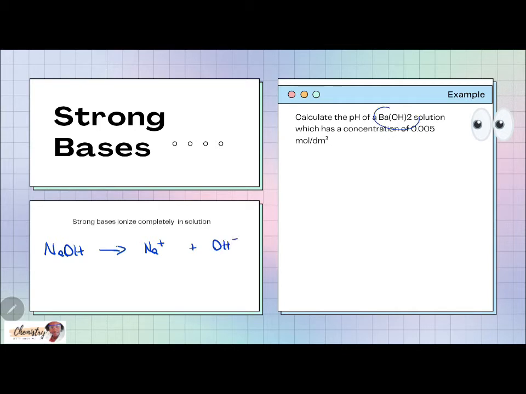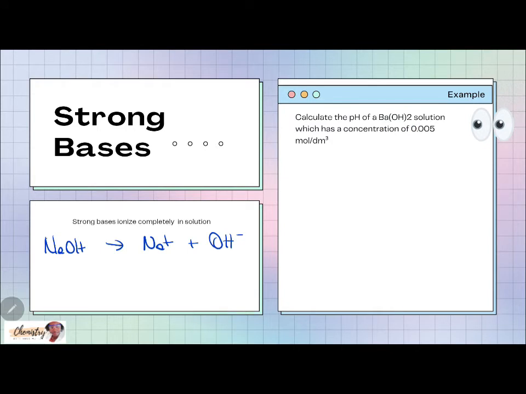The same would go for barium hydroxide. If we add some barium hydroxide to water, then all the barium hydroxide molecules that dissolve would separate to form barium ions and hydroxide ions.